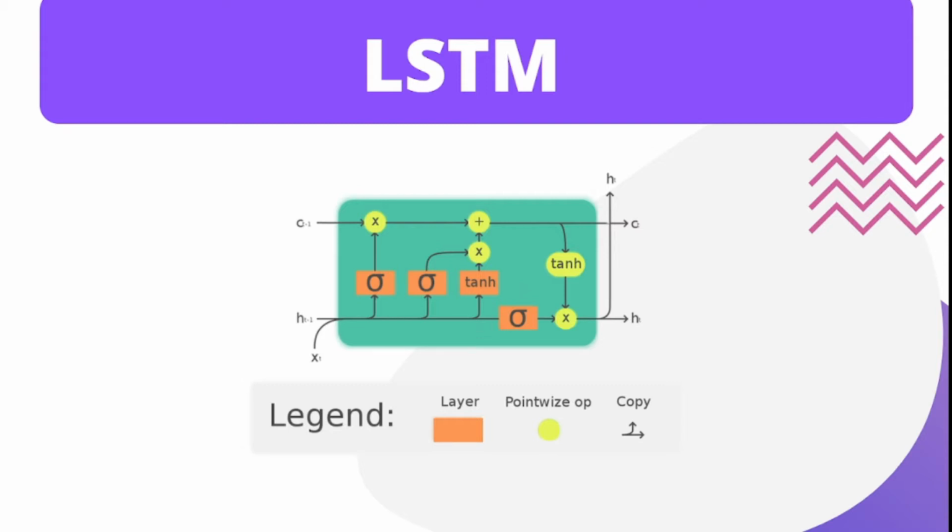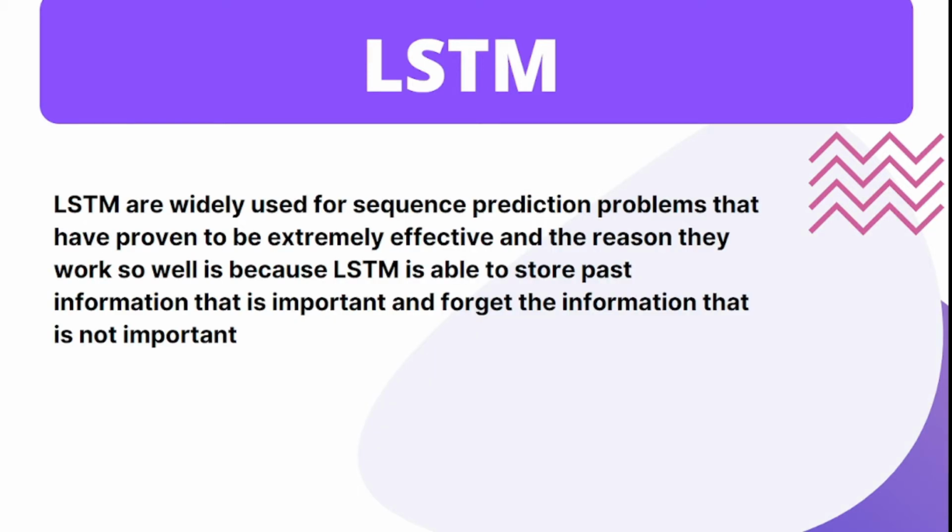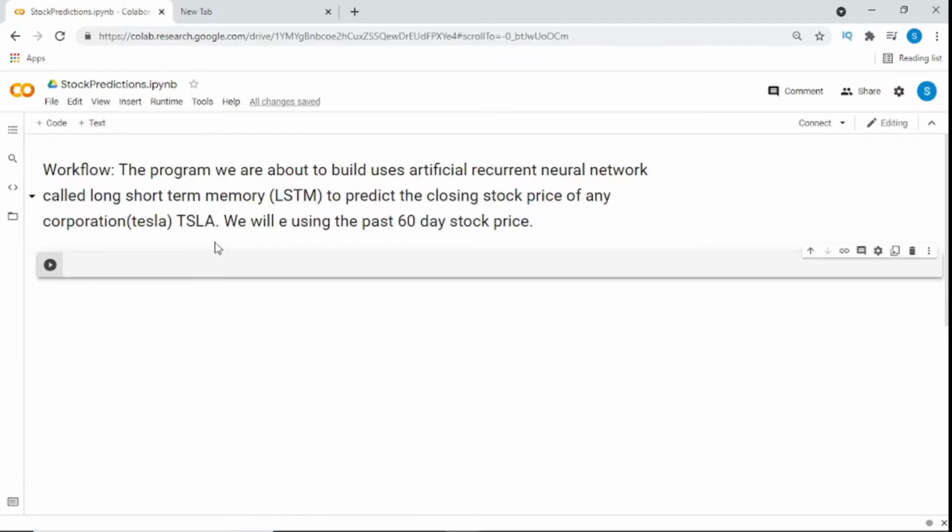For example, LSTM is applicable for tasks such as unsegmented connected handwriting recognition. LSTMs are widely used for sequence prediction problems and have proven to be extremely effective. The reason they work so well is because an LSTM is able to store past information that is important and forget the information that is not important. Now let's get to coding.